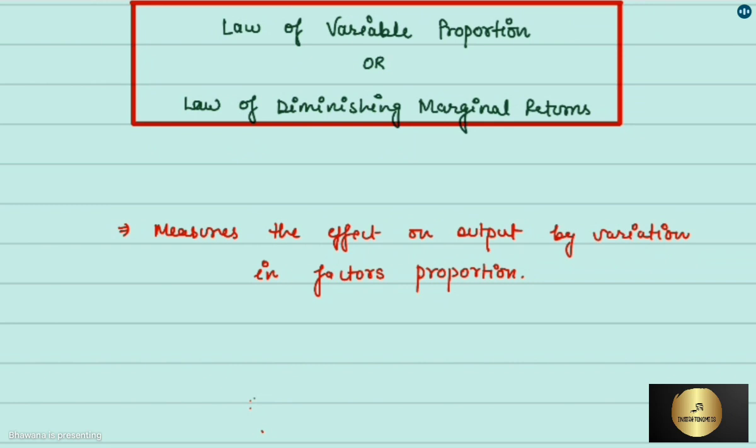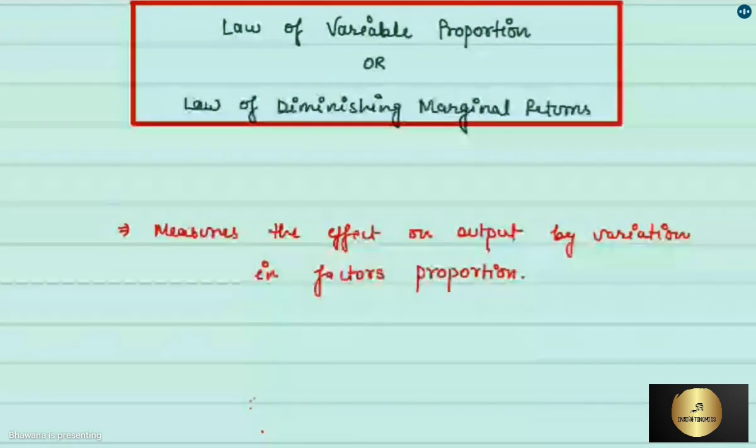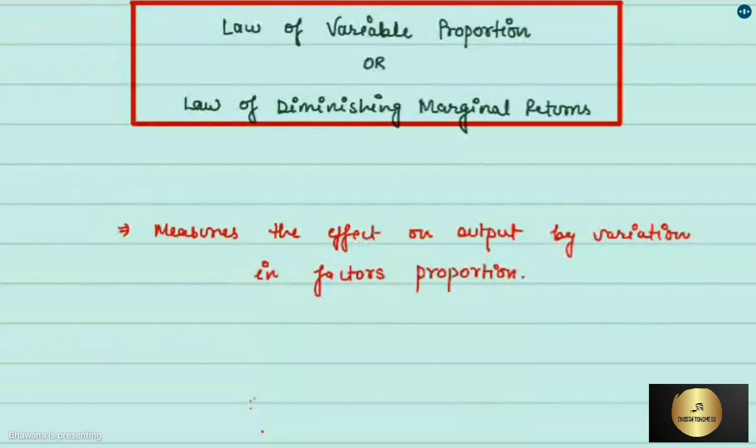We study this change in proportion between labor and capital and its effect on the level of output under a law known as the law of variable proportion. This law measures the effect on output by variation in factors proportion, the ratio in which they are used together.